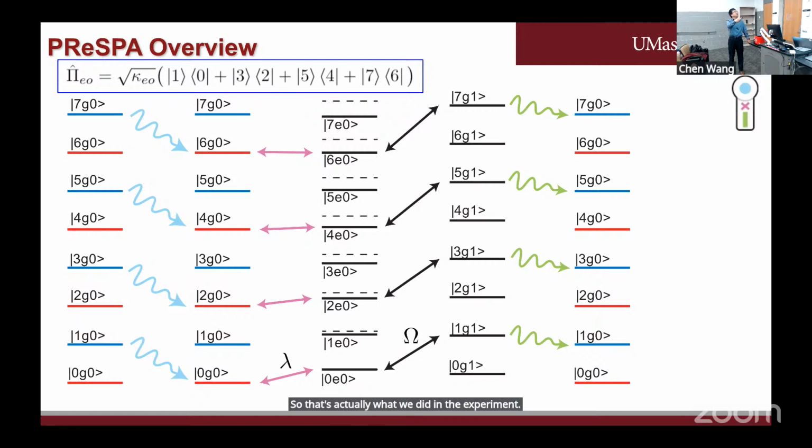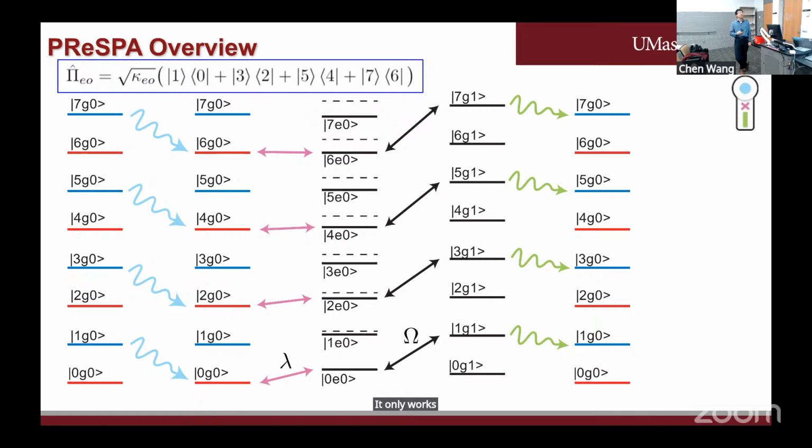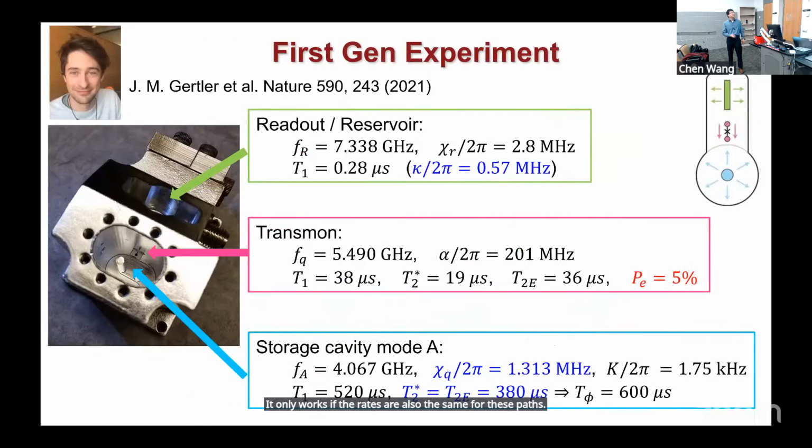So this effective dissipation operator, when you adiabatically eliminate the intermediate states, only works if the rates are also the same for these paths. So this is the experimental hardware we used in our first generation of experiments, led by my grad student, Jeff Girdler. This was published a few years ago.